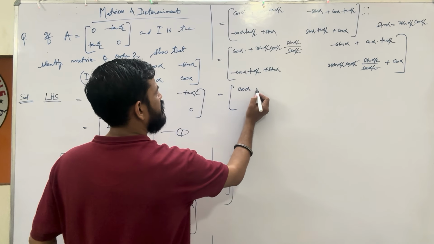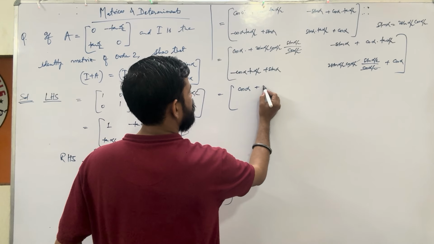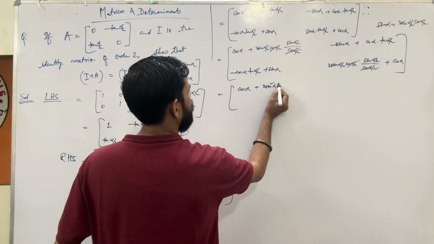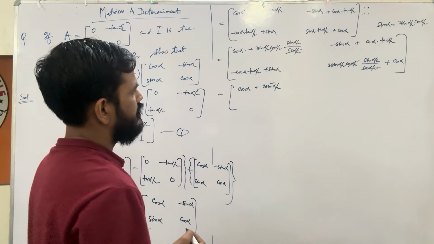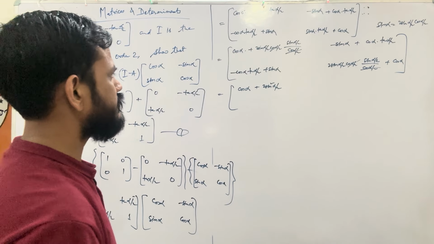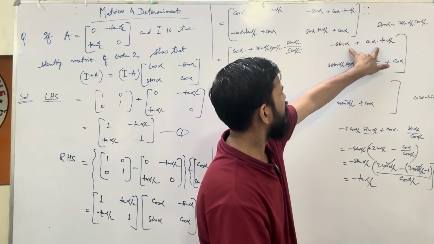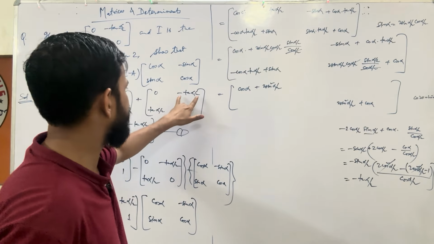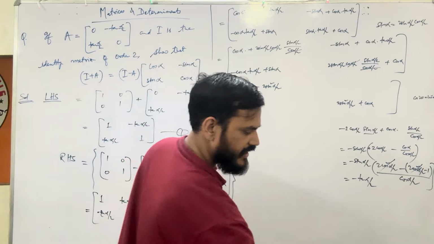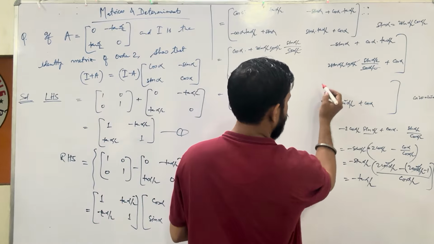We are left with cos alpha plus 2 sin square alpha by 2 here. So we take on this term and we want to make it minus tan alpha by 2. So I'll separately solve this term here.